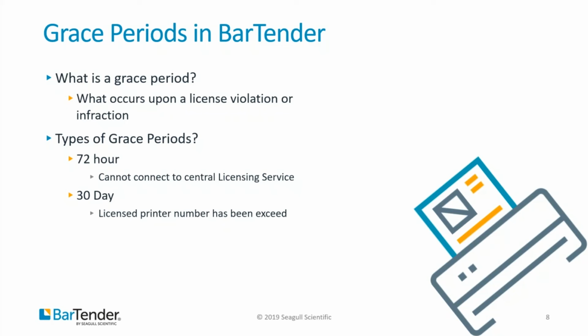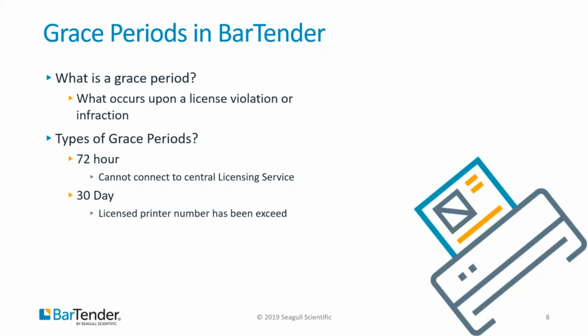And that's scenario one. Scenario two is when we exceed our printer count. We're licensed by printers. So we have our enterprise 50 printer license, and we're limited to those 50 printers, and we can't exceed that, right? Well, things happen in the real world. Let's say something horrible happens.